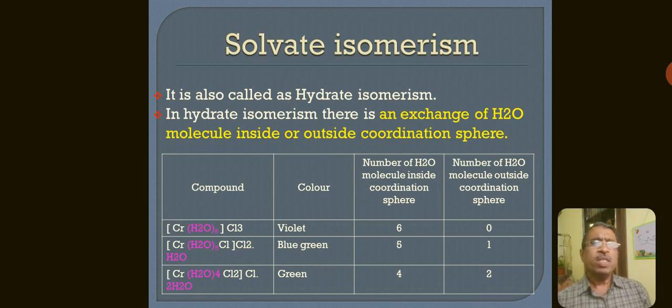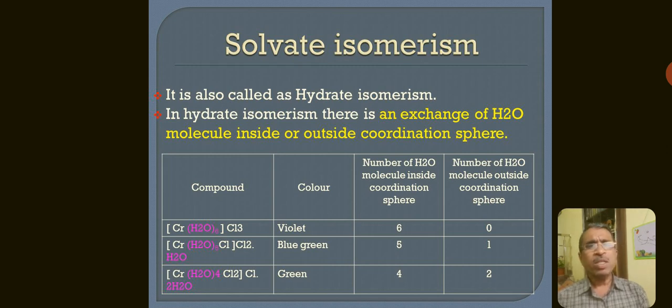This table gives initially the chromium complex, where all the water molecules are inside the coordination sphere. So therefore they will not give any water molecules. But in the second case, one water molecule is outside the coordination sphere, so that can be easily removed.